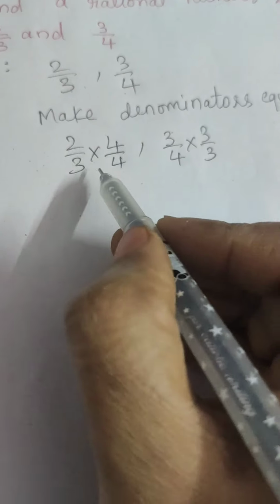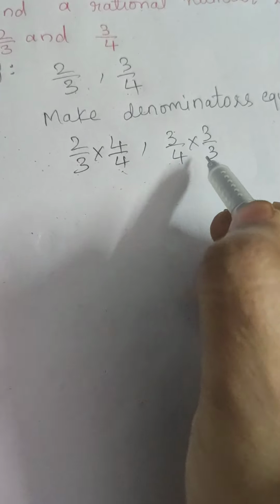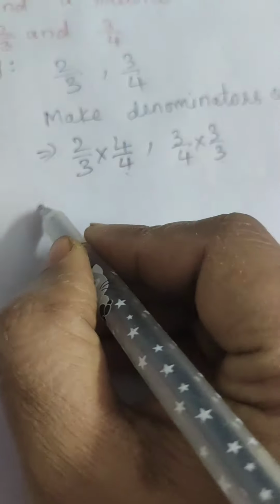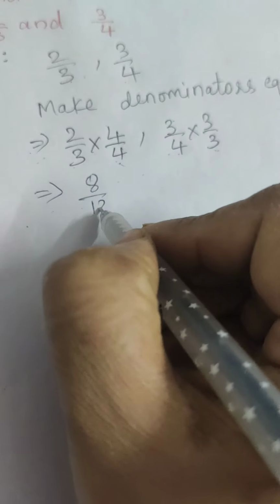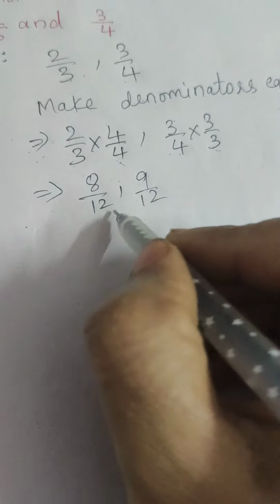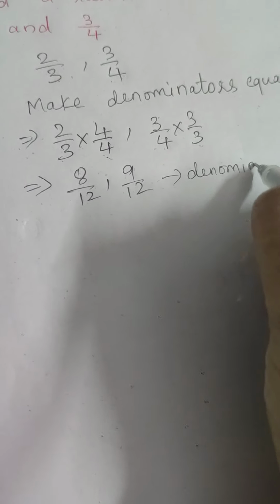Then here the denominator becomes 3 4s are 12, here 4 3s are 12, both become equal. This implies 4 2s are 8 by 12, comma 3 3s are 9 by 12. Now we got denominators equal.